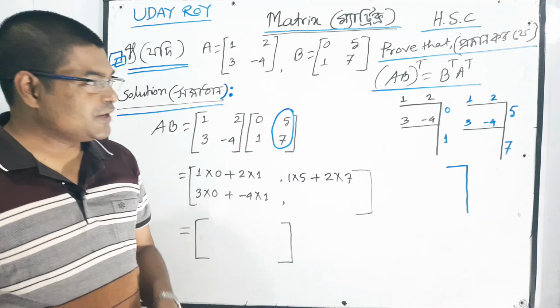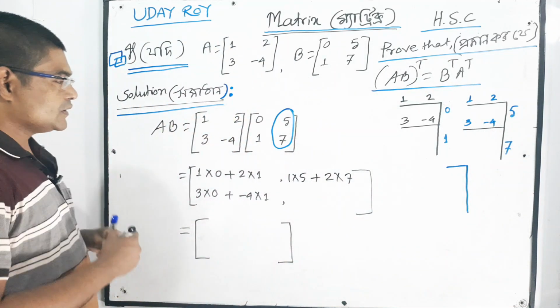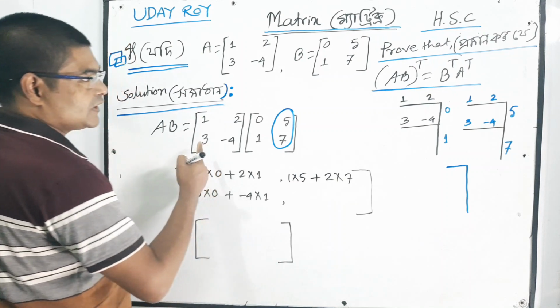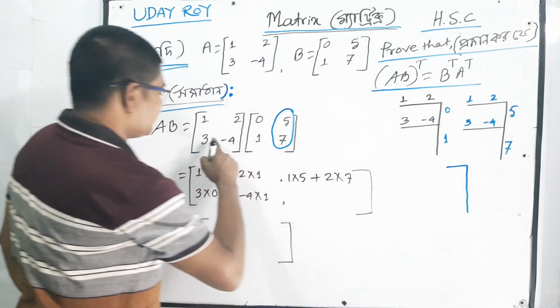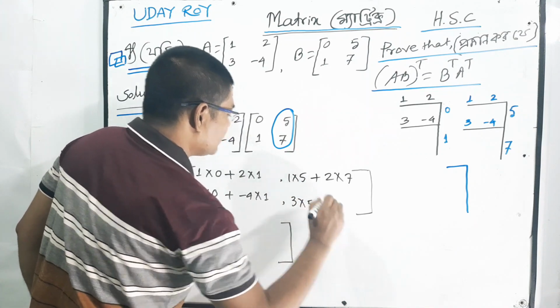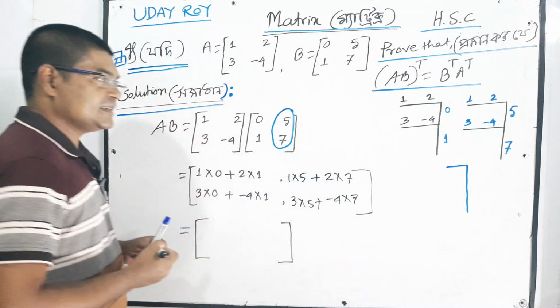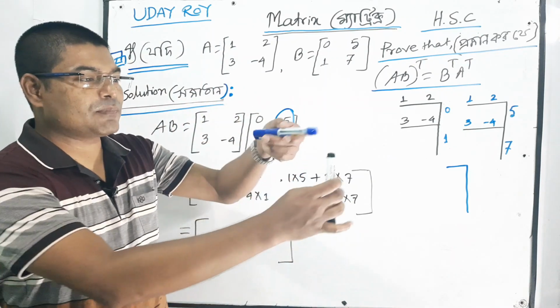In the next you have to write 3 into 5 plus minus 4 multiplied by 7. Just you have to follow this method.